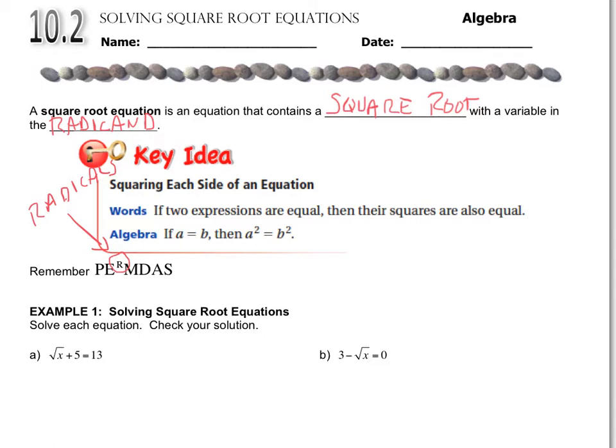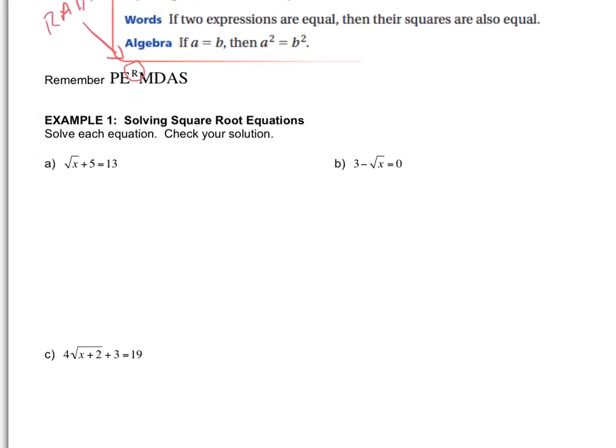So our exponents do include the radicals and the radical signs. PEMDAS includes an r with the exponents just to remind you that radicals are also part of that. So let's look at how we're going to solve some of these equations.